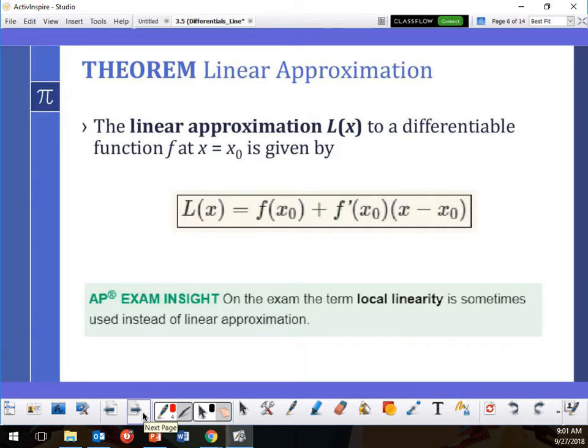Okay, so L of x basically is just the equation of the line. AP exam insight: on the exam, the term local linearity is sometimes used instead of linear approximation. Okay, all right, so this is going to be important.